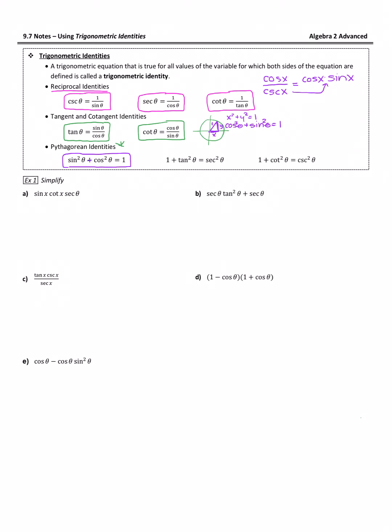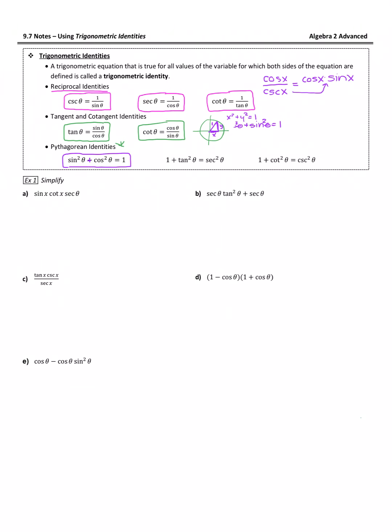Because it's addition, it doesn't matter whether you say sine squared plus cosine squared or cosine squared plus sine squared. It's the same identity. That's the main one to remember, because what you can do to get the other two is very simple.